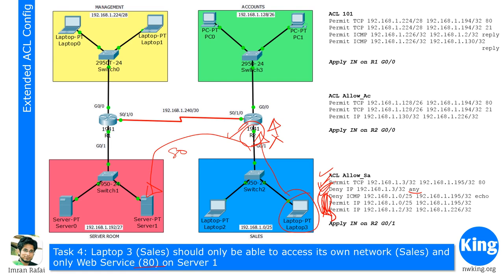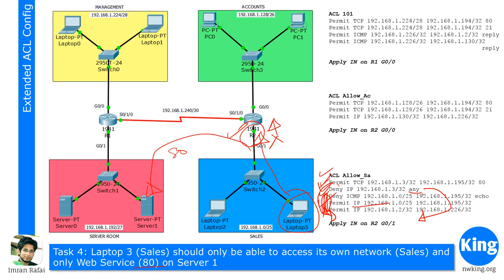That means if this deny was down here, it wouldn't have worked, because whenever laptop 3 tries to communicate out, these commands would have let it go through anyway, right? So the order matters. The order really matters, and that is why you need to first design it on a piece of paper and then finally start typing it onto your router, right?